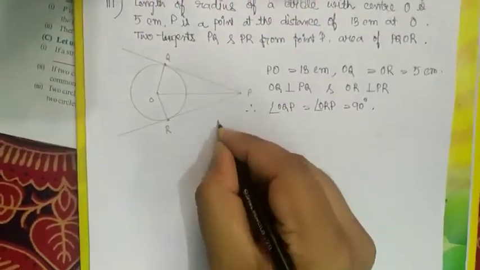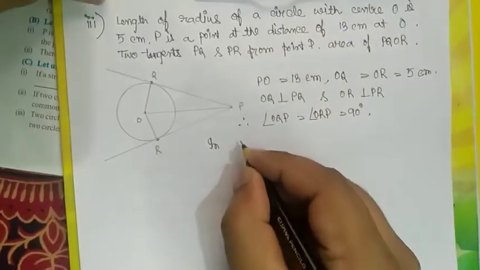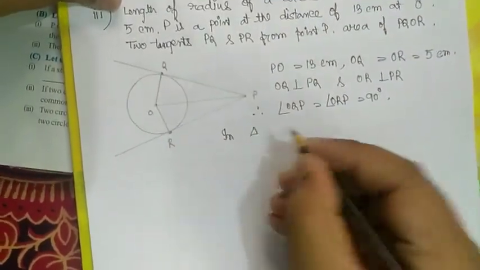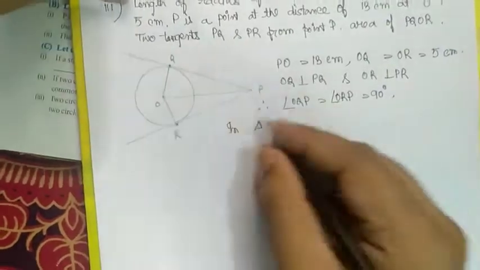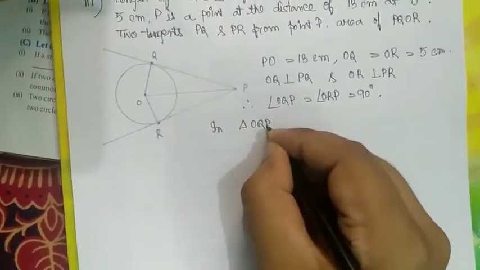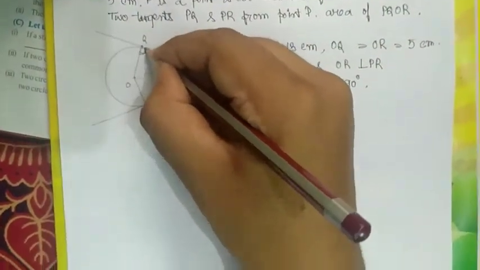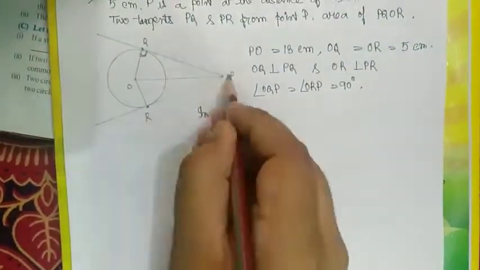So in triangle OQP we know this is angle 90 degree, so therefore this is the hypotenuse.